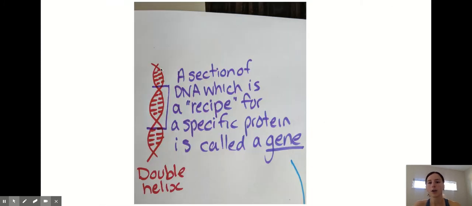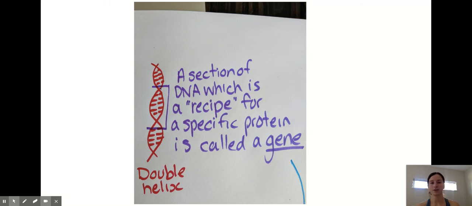All right, so we have now got what Watson and Crick found from Rosalind Franklin's image, where we've got these 2 backbones with kind of ladder rungs in the middle. Now, we break down DNA into sections, and each of those sections is a gene.